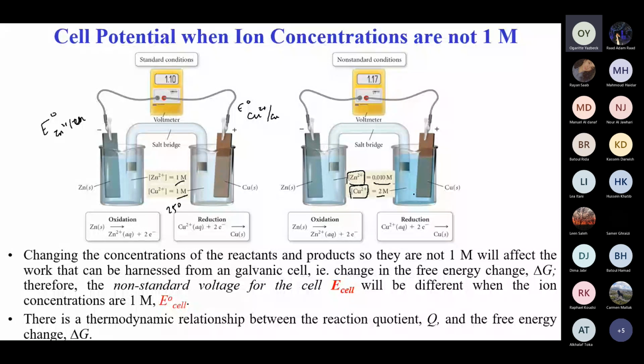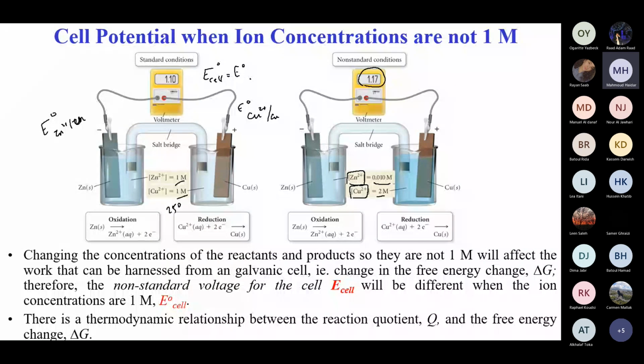It turns out that we also get a cell reading. But remember, how can I get this cell reading, E of the cell, E naught cell? How did I used to get it?